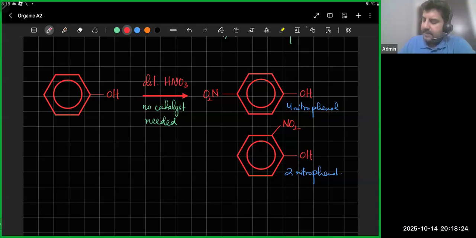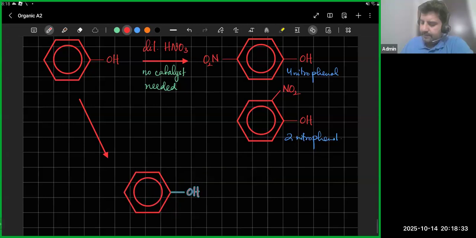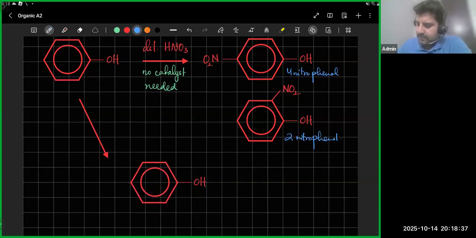But there's another reaction, which is that if you use concentrated nitric acid, then what happens is that the NO2 would get attached to all 3 positions. So you will get NO2 on position number 4, on 2, and you'll also get an NO2 at position number 6.